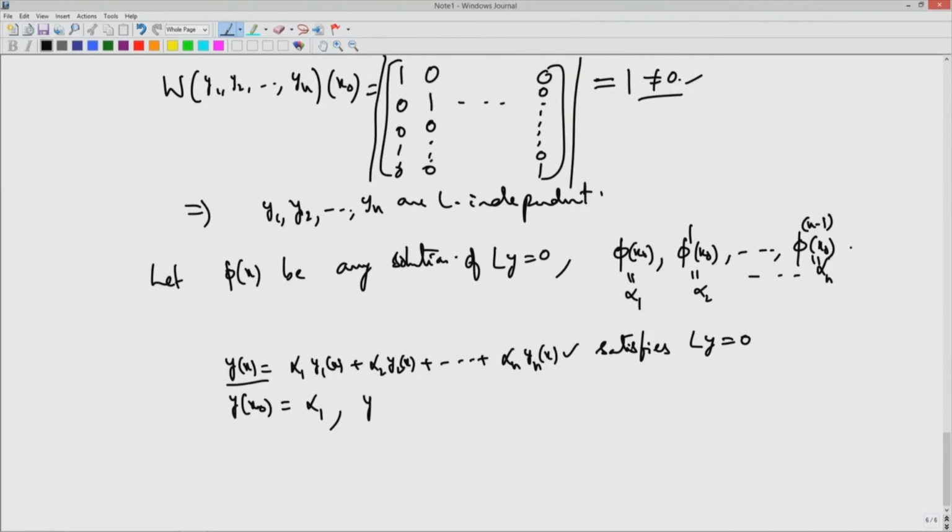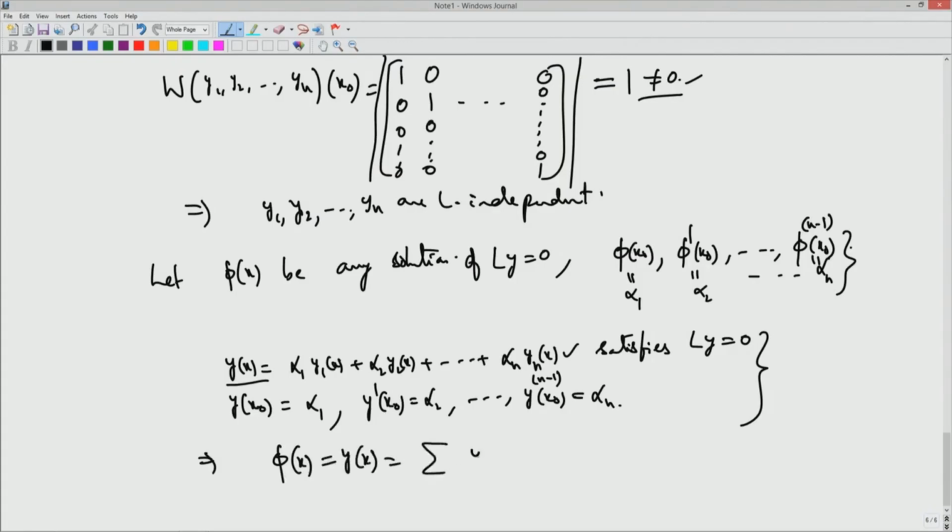So, y dash at x naught will be alpha 2. Like that, the n minus 1th derivative at x naught will be alpha n. So, you have two such solutions, y and phi, having the same initial values. That implies any solution phi should be your y of x, which is actually a linear combination of the yi with alpha i, i from 1 to n.